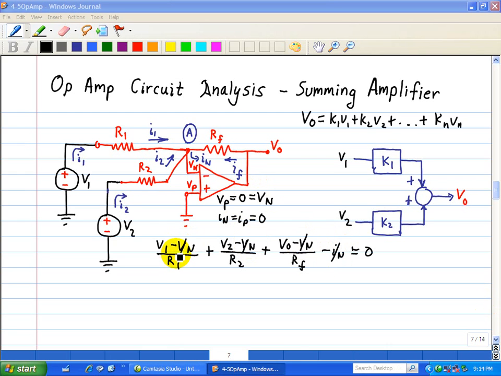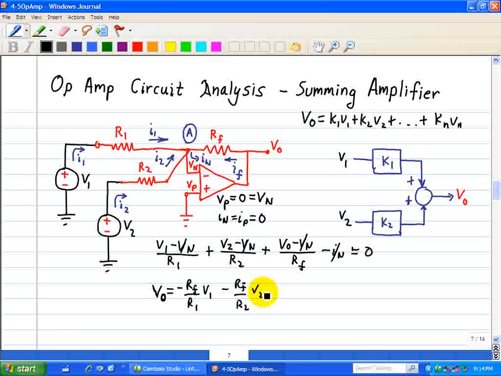With this simplification, let's solve for VO, where VO is given as minus the ratio of RF divided by R1 times V1, and minus RF over R2 times V2.